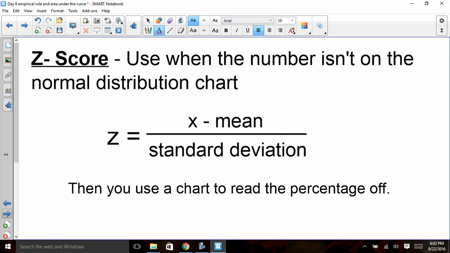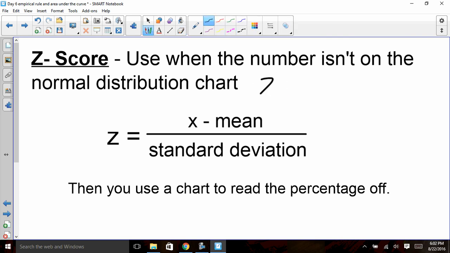You know that handy dandy little sheet I gave you? That's where this comes in. We're going to find the z-score. So this is how we're going to find those numbers that aren't on my normal distribution chart. So what we're going to do to find my z, now I'm going to call this my z chart. So that nice little chart you have, you can label as your z. Oops, I forgot to change that formula. Sorry about that.